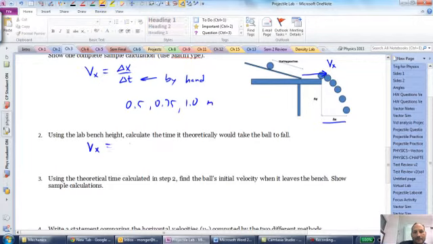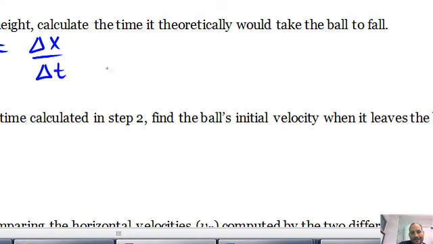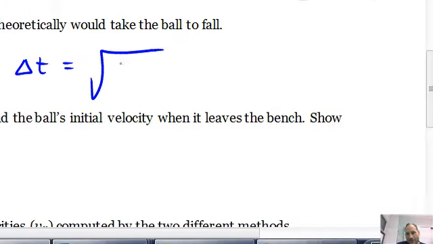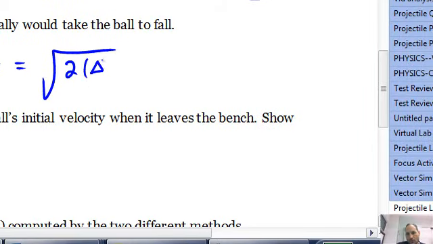In that case, same exact calculation, except the delta t is going to come from the calculated value, which we expect to be a more reliable value, which comes from this equation. Delta t equals the square root of 2 delta y over g, or the acceleration of gravity.